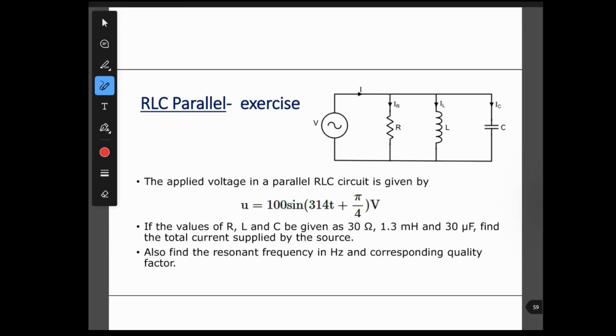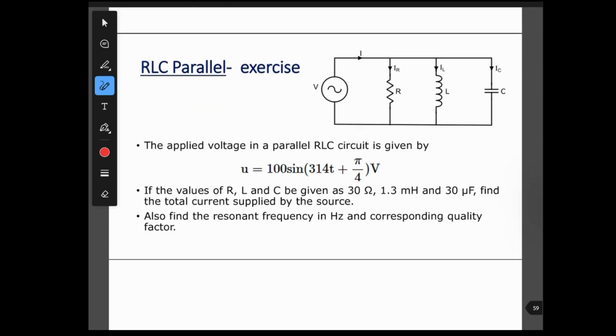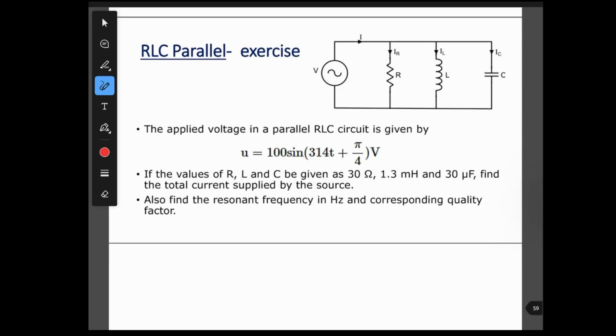So we have an exercise. For this exercise, we just use the formula. This one is V peak, this one is omega, this one is theta.